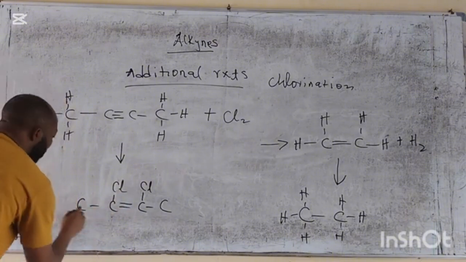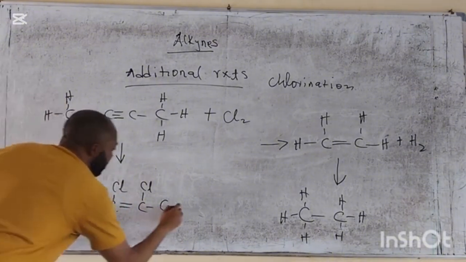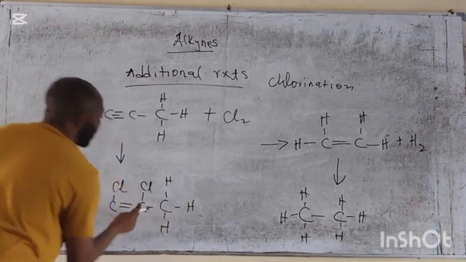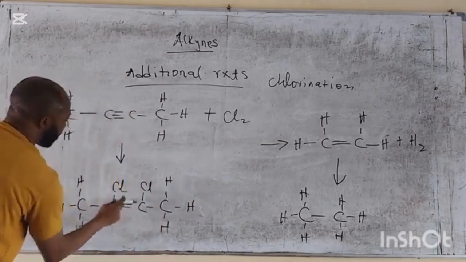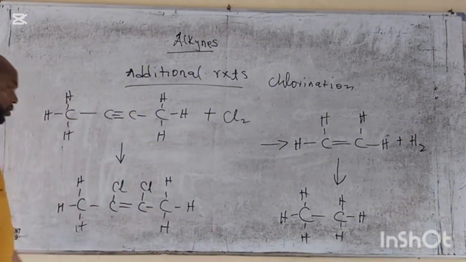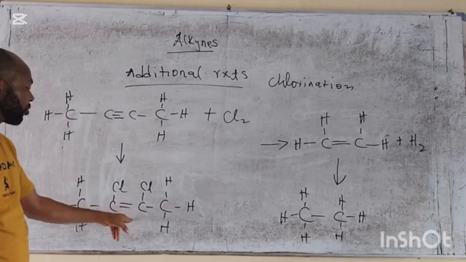Okay, so now I have hydrogen here to balance that. Here, 1, 2, 3, 4 is complete. 1, 2, 3, 4 is complete. So now this becomes what? 1, 2. In carbon 2, I have my chlorine.